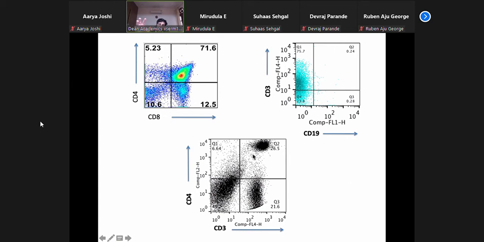Now, in this panel, I want to tell you something more. Again, you prepare a single cell suspension from these lymphoid organs. On one axis, you are using an anti-CD3 antibody, and on another axis, an anti-CD4 antibody. The expression of the CD4 molecule is detected using the antibody against CD4, and the T cell marker using the antibody against CD3.